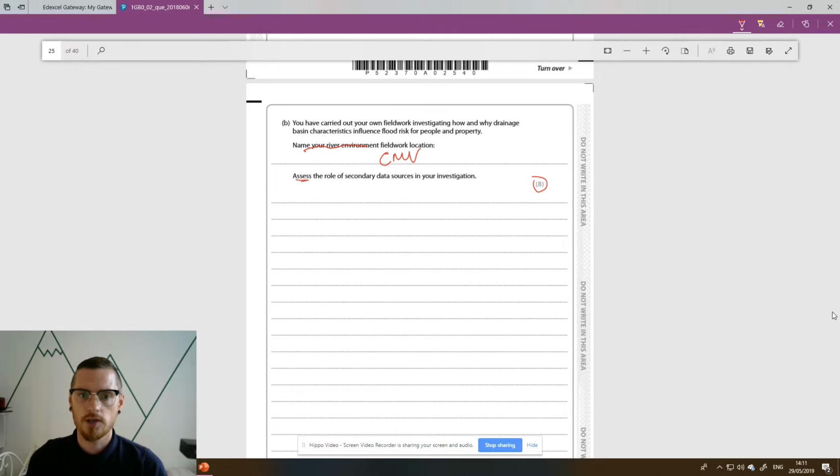Because it's an assess question, I'm going to pick out the key geographical phrase, which is secondary data sources. I'm going to do 3 different points, 3 different factors. They're going to be PEEL paragraphs, and I'm going to link back at the end of each PEEL paragraph to this secondary data sources phrase, and say how important each of my PEEL paragraphs is.